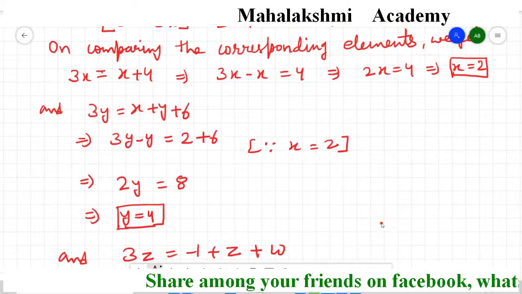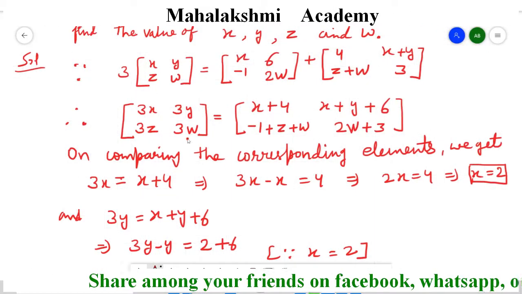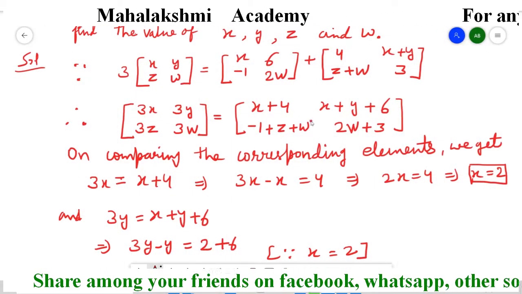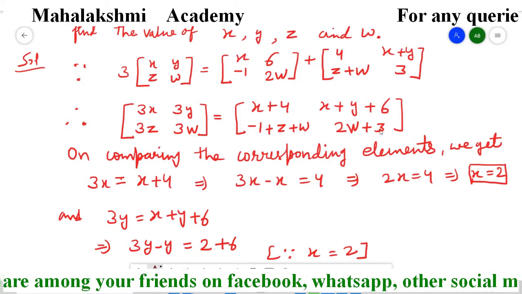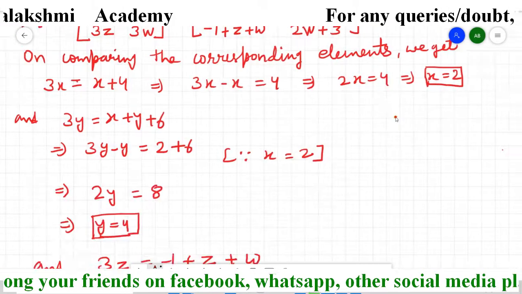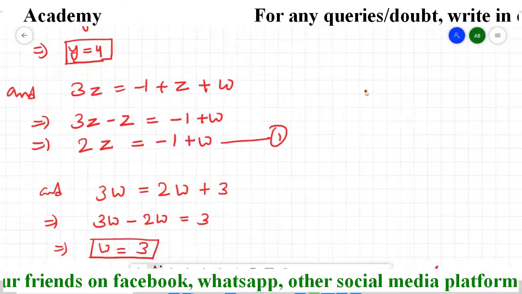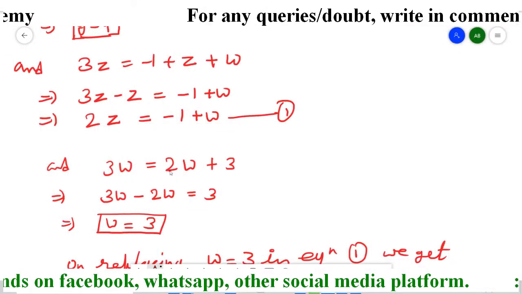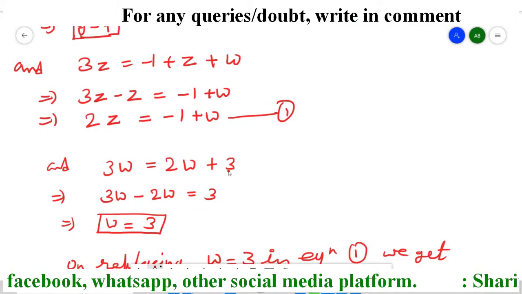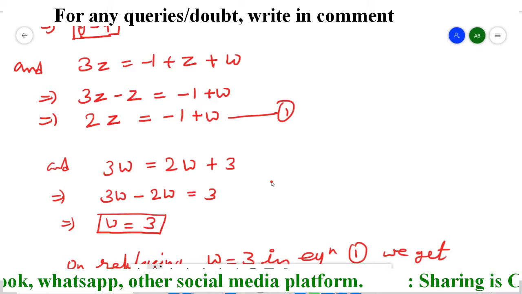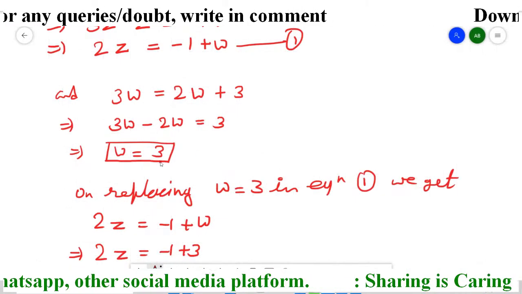Now the last element of the matrix, that is 3w is equal to 2w plus 3. By making them equal we obtained 3w is equal to 2w plus 3. From here we got w is equal to 3.